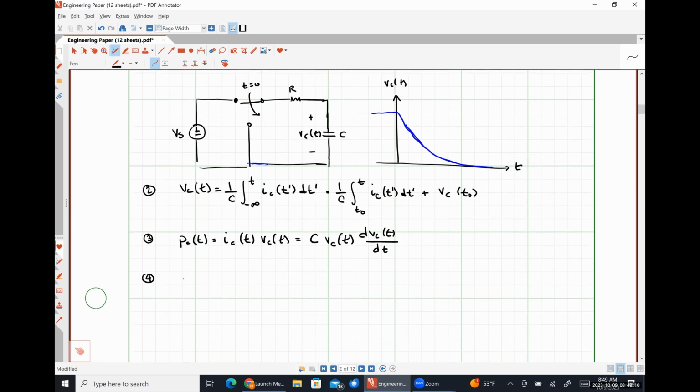Finally, our energy relationship. If we wanted to derive this, it would be pretty much the exact same derivation that we saw with respect to inductors on Friday. So instead, I'll just move ahead to say that we'll have 1/2 C times the square of the capacitor voltage. So those are our 4 relationships for capacitors. Again, they are practically identical to those we saw for inductors, except that we just switch the role of current and voltage.